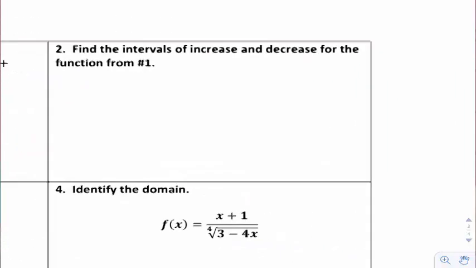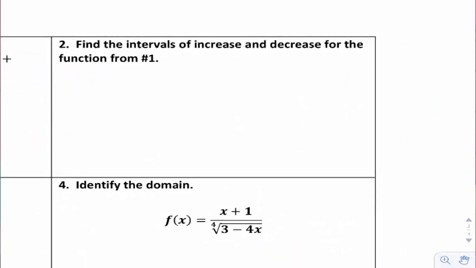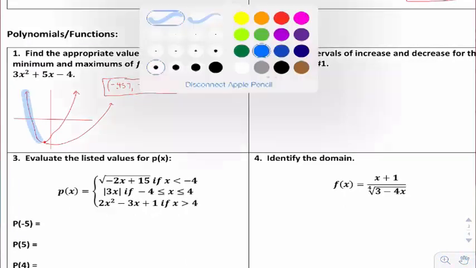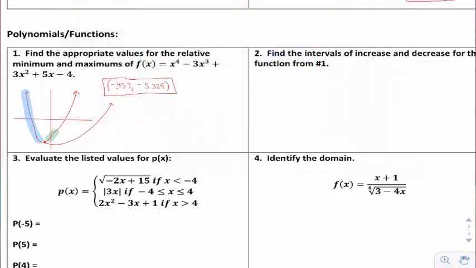Okay? And calculate it. So here we want the intervals of increase and decrease for the function from number 1. So using this point, you'll see it's going down up to that point, and then it's going to start going up. Even when it curves a little bit to the right, it doesn't start to go down. It just kind of curves, and then it's still increasing. So that whole period is going to be increasing.